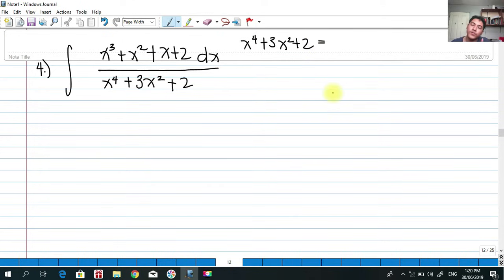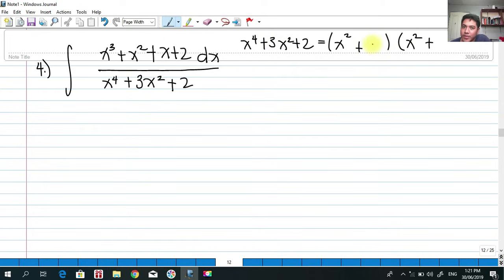In order for us to factor that, remember we have x raised to 4, so it must have factors with x squared. The second term has a plus sign, so definitely we should have plus signs here.